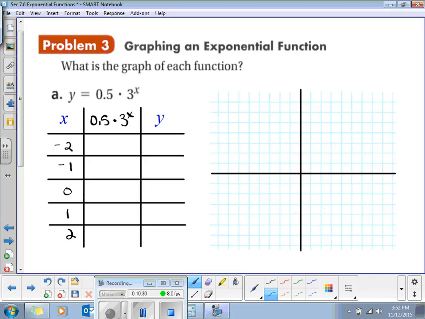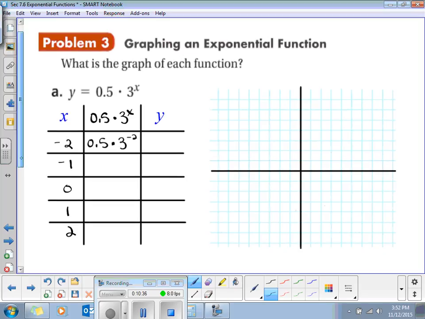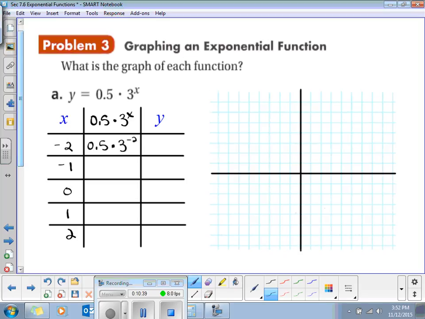When I substitute in, I've got 0.5 times 3 to the -2. When you have 3 to the -2, you cannot put that in the calculator. The laws of exponents say that you're going to flip that, and it's going to become 1 over 3 now to the +2.